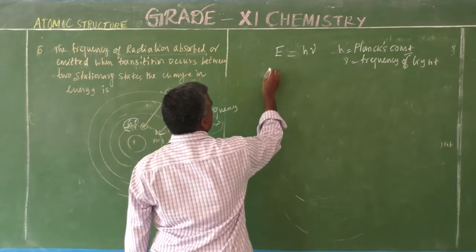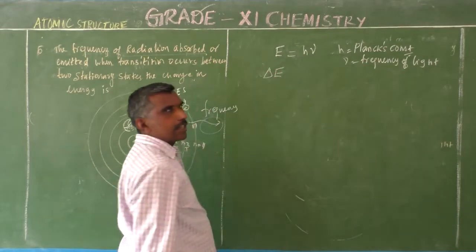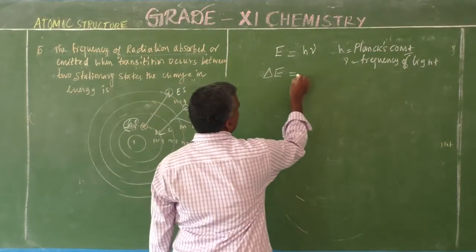Now the change in energy, delta E, is equal to h nu.